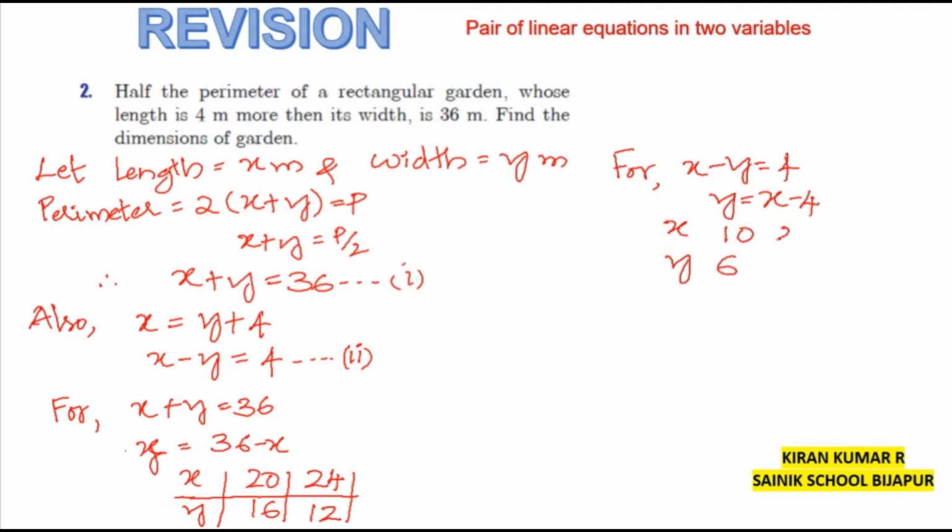When x is 20, y will be 16. Now you could have guessed what the answer is. You have probably guessed 20, 16 is the answer. Let me plot the graph and confirm whether the solution is 20, 16.